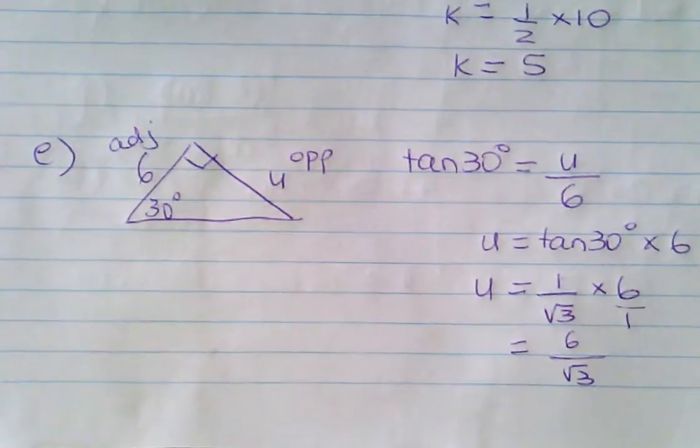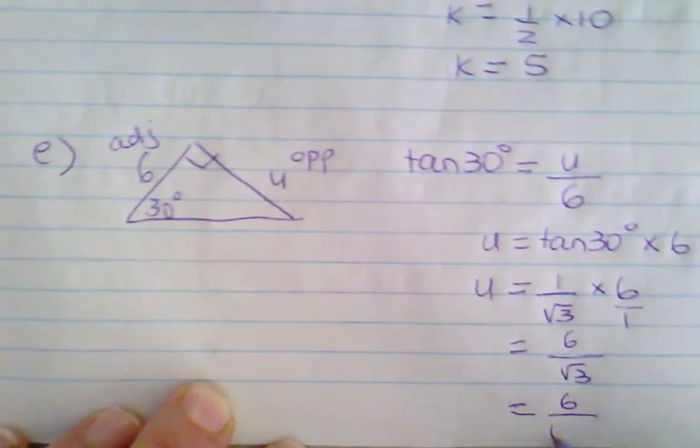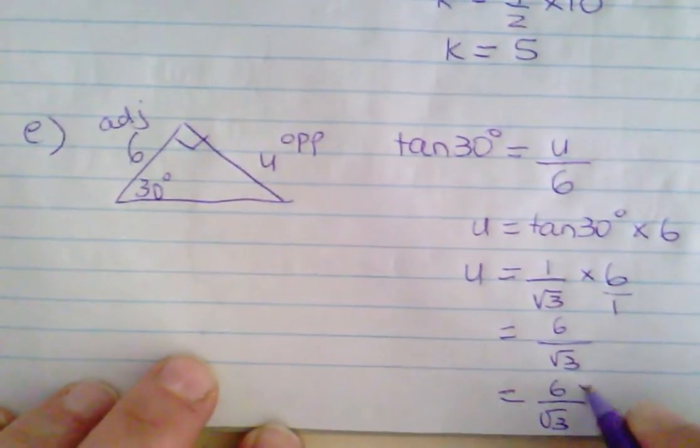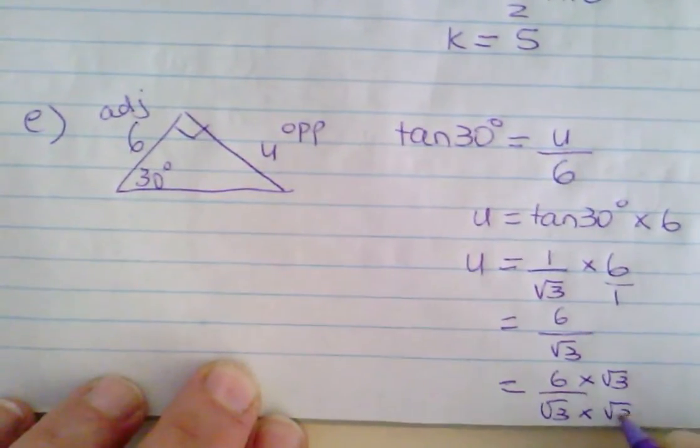Now, in mathematics, you know how we don't like to leave improper fractions? We don't like to have square roots or surds on the denominator. So do you remember how I get rid of that surd on the denominator? I multiply the numerator and the denominator by that surd, both by root 3.